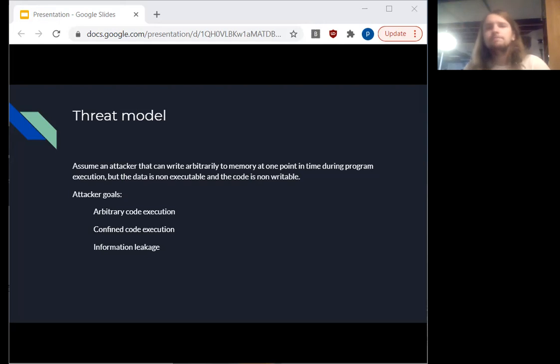In order to imagine a potential attacker in this context, we assume that they can write arbitrarily to memory at one point in time, but that they can write anywhere that's data. They can't write to code, code stays the same, and the data is non-executable. But because this is so general, we need to allow our attacker to be general, being that there is some time at which they can change the data.